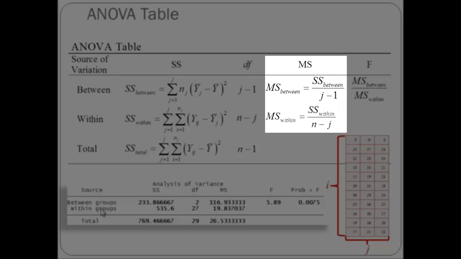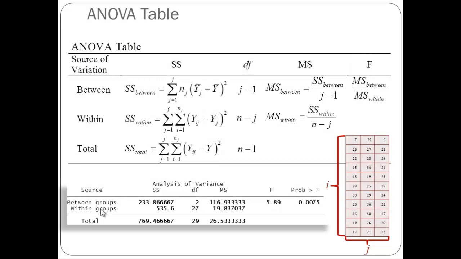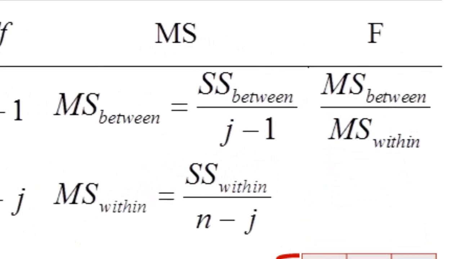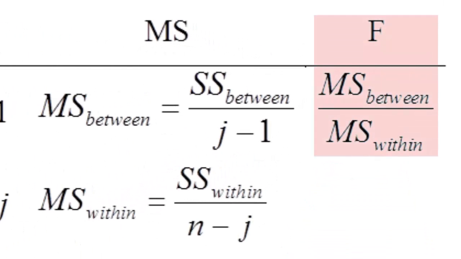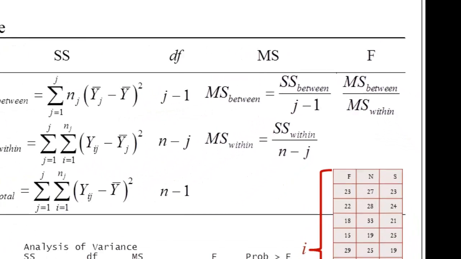And if we take our sums of squares and divide by their degrees of freedom, we get our mean squares. Finally, if we take those two values and calculate the ratio, MS between divided by MS within, we get our F statistic. The point of this table really is simply to organize these numbers in a logical way.